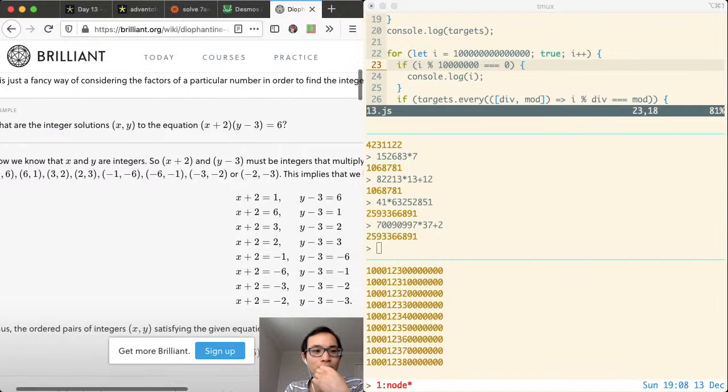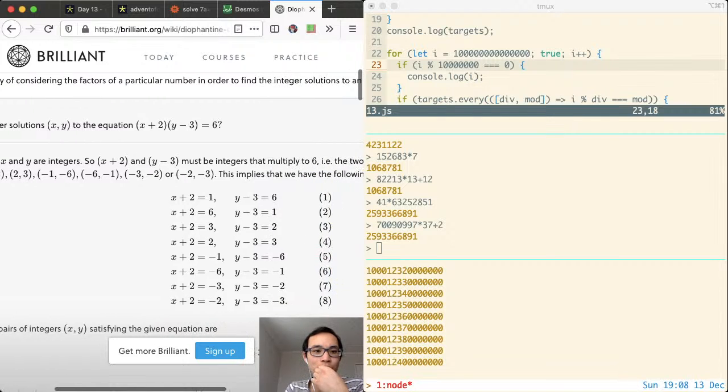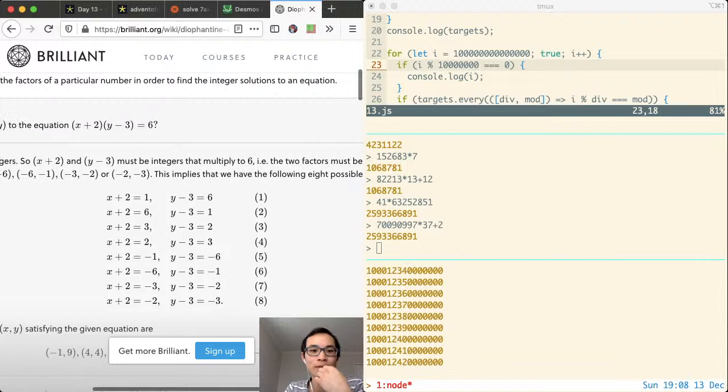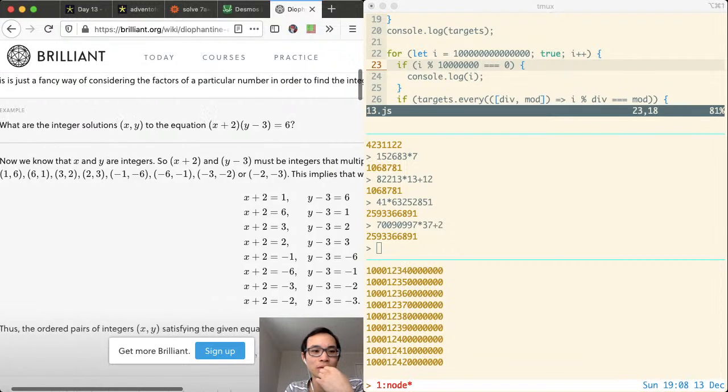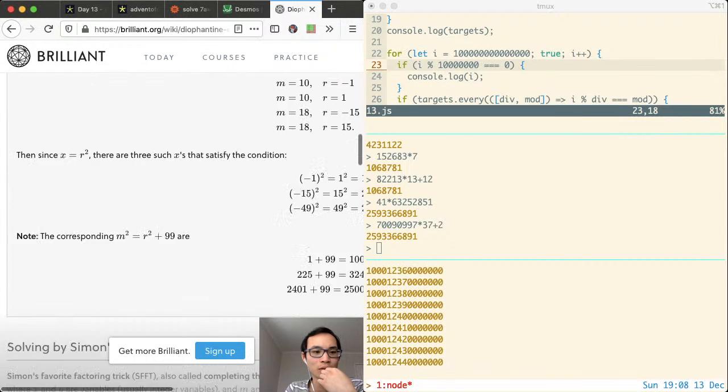Now we know that x and y are integers. So x plus 2 and y must be integers that multiply to 6. I.e. two factors must be those. Well, we're not looking at this one, right? Let's hit the second one.